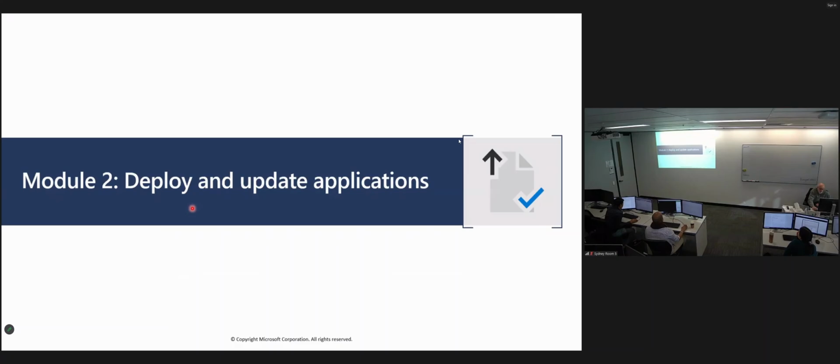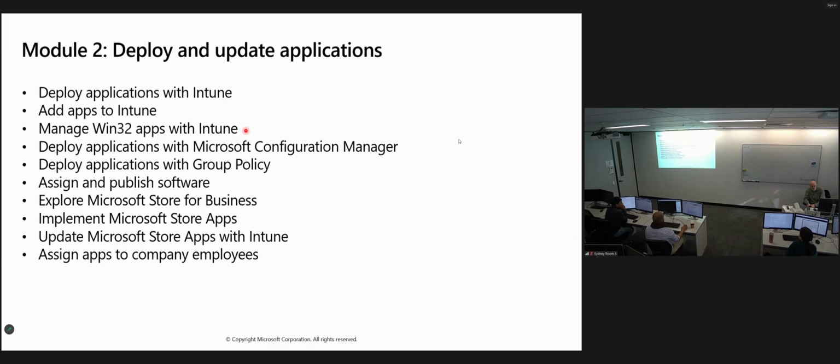As I mentioned earlier on in the week, Intune was a third-party product that Microsoft bought out. At the time when they bought it out, it supported Windows 7 and Windows Server 2008 R2 back then. So it supported Windows 7. And of course, there were no Universal Windows Platform apps then.